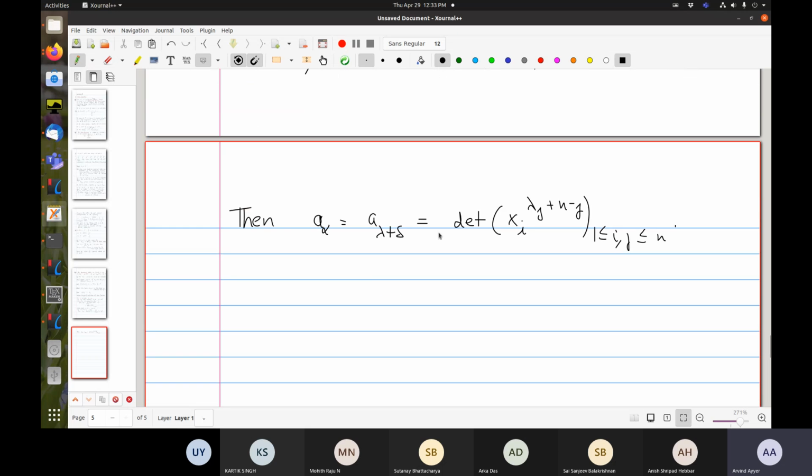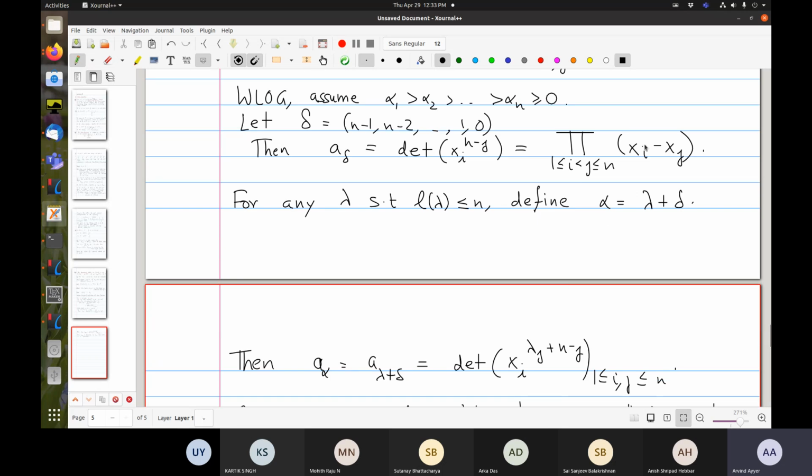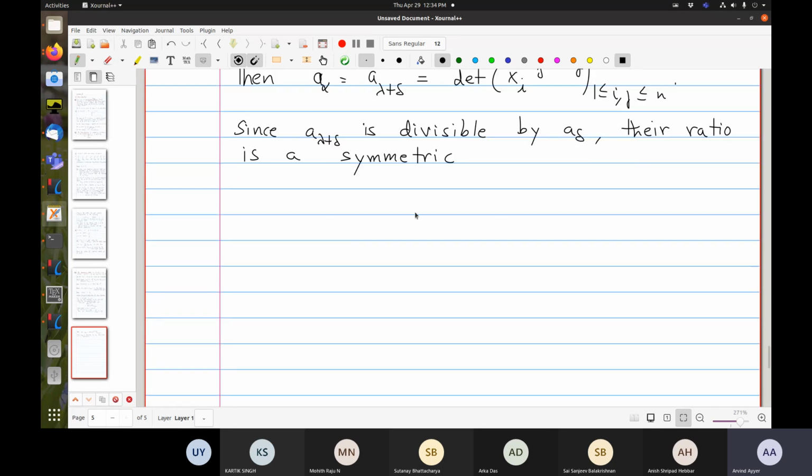Okay. So since A lambda plus delta is divisible by A delta, their ratio is a symmetric polynomial. This is anyway a polynomial, and I've said that this is divisible by A delta because it's divisible by each of these factors. So this is a symmetric polynomial in x1 up to xn.